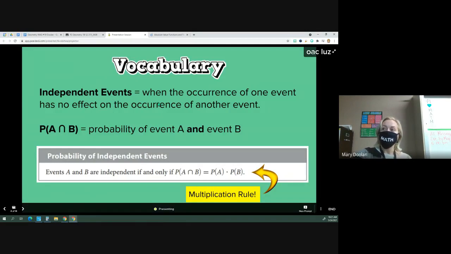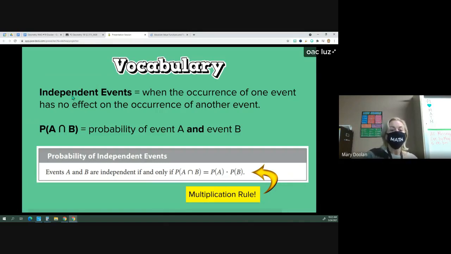That's when the occurrence of one event has absolutely no effect on the occurrence of another event. Think about that word: if somebody is independent, they don't depend on anyone, they do everything on their own and they don't rely on others.